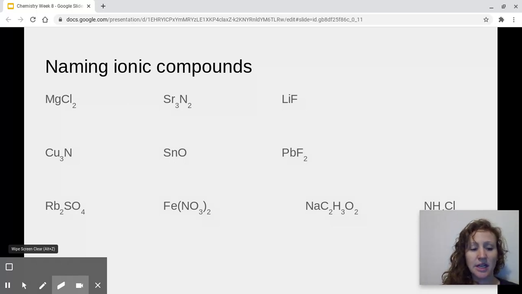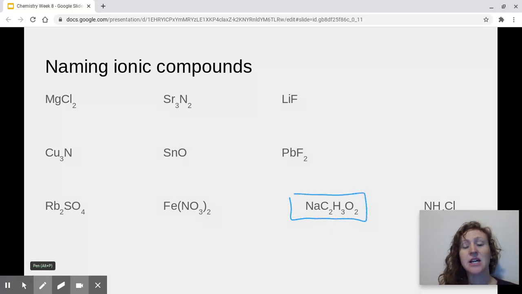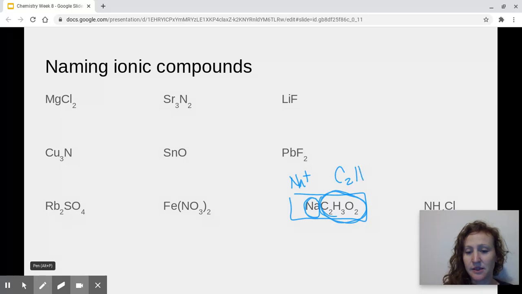For example, if we look at this compound right here, there's a lot of atoms present. So I need to be familiar enough with the atoms and the ions to be able to recognize them inside this compound. This compound is made of 2 things, the sodium ion and then this ion right here, which is acetate.